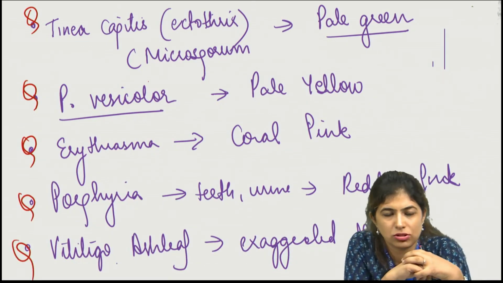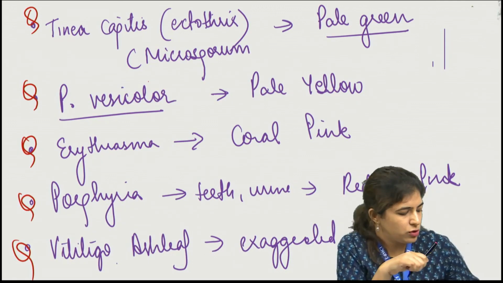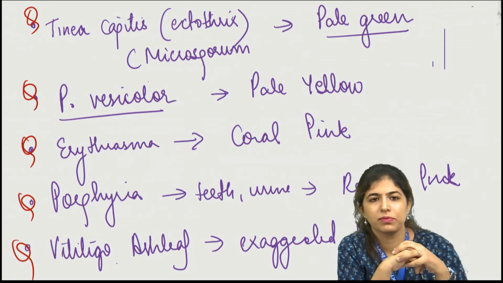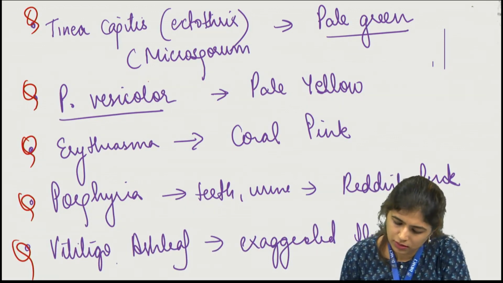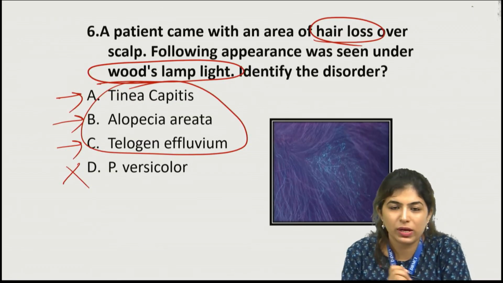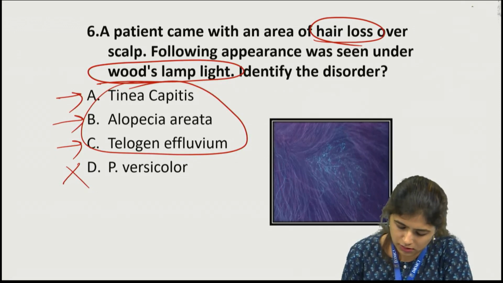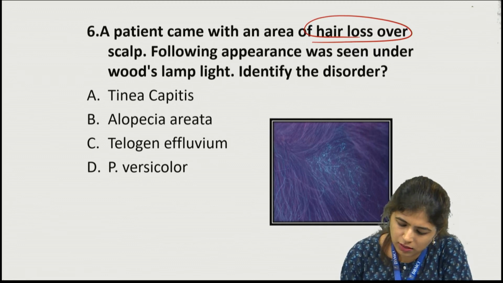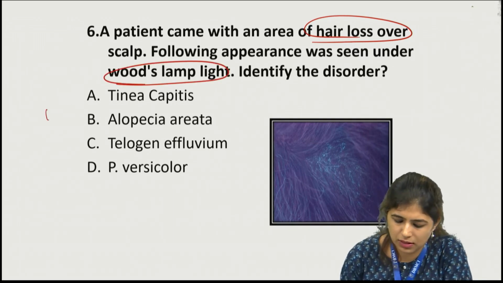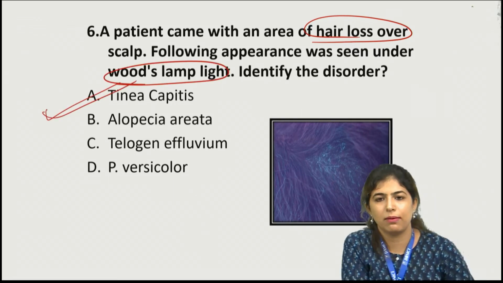All of these are questions. You have to remember all of them. Okay? Good. So now we come to this area of hair loss with positive Woods lamp. The answer is Tinea capitis.